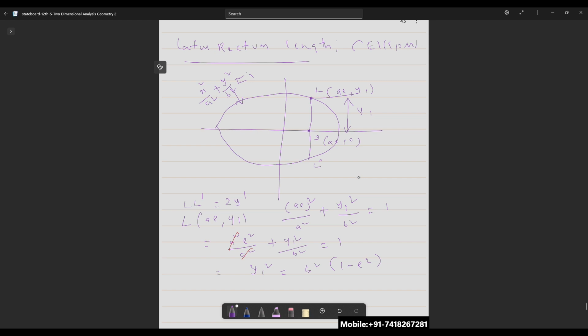We already know that b square is nothing but a square into 1 minus e square. In that case, we can substitute 1 minus e square by b square by a square.